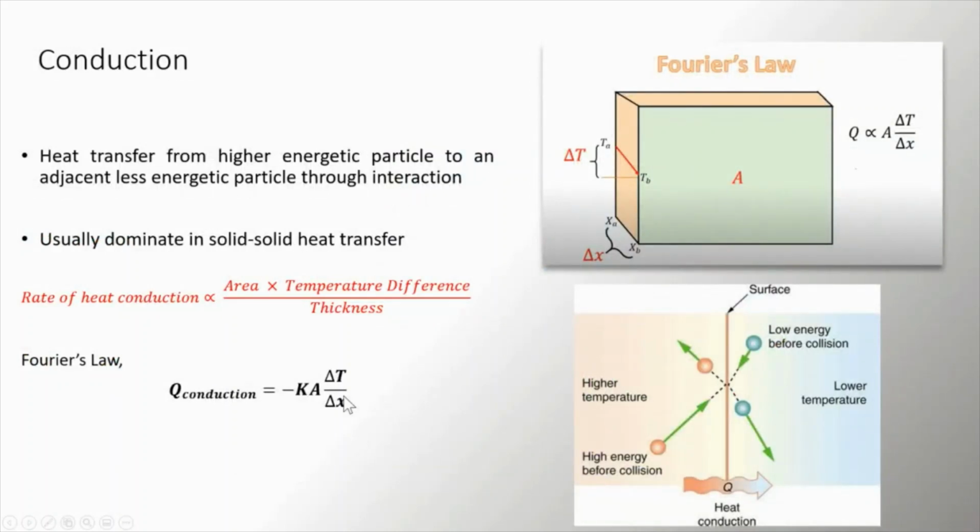So that's your Fourier's law that we have talked about. The Q conduction, meaning the amount of heat being moved by conduction, equals A, the cross-sectional area. So let's say your heat is moving from this surface to this surface, then your cross-sectional area is going to be this one.